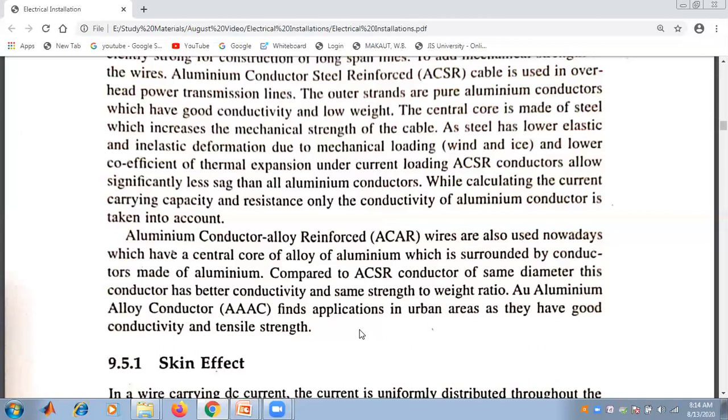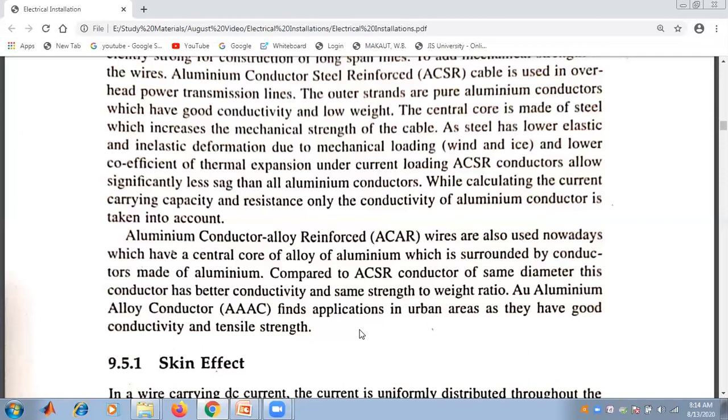So these are the different types of wires and cables that are used in general applications of electrical engineering, or say power transmission.